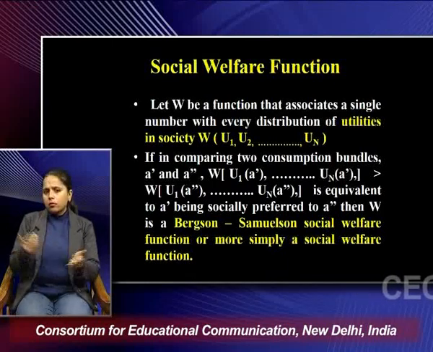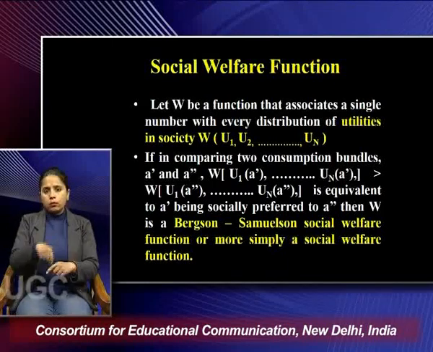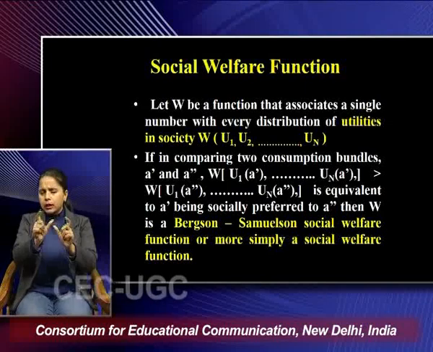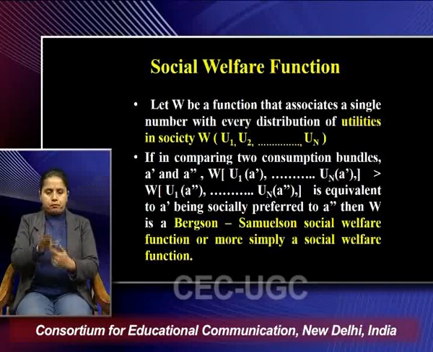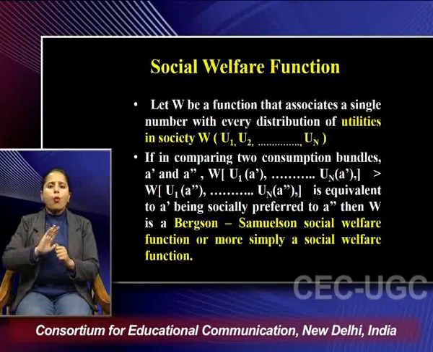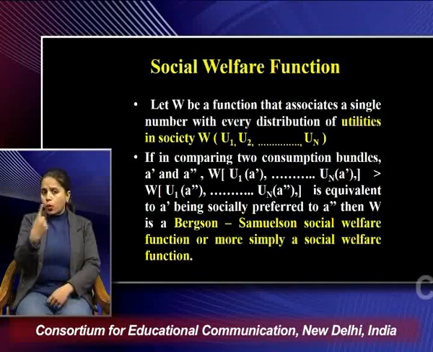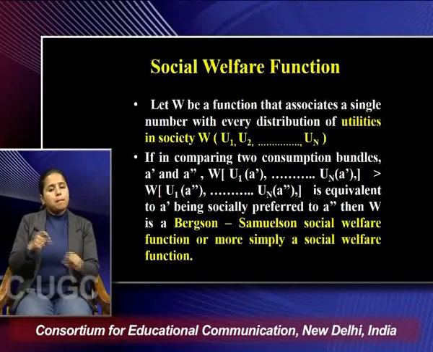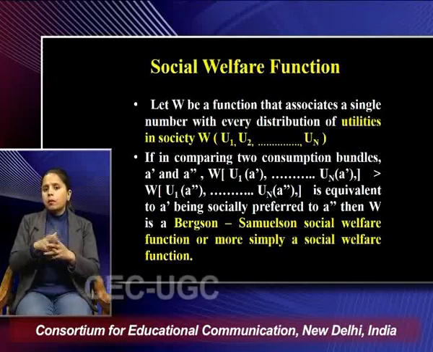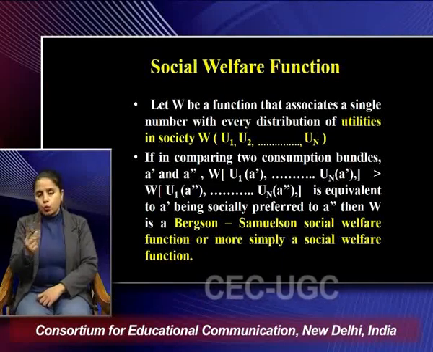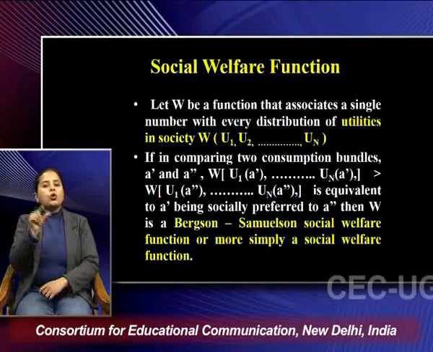Since it reflects welfare, we are symbolizing it with W. So it becomes a function of the utilities of every individual in that society. So W is a function of U1, U2, U3, U4 and so on till UN.